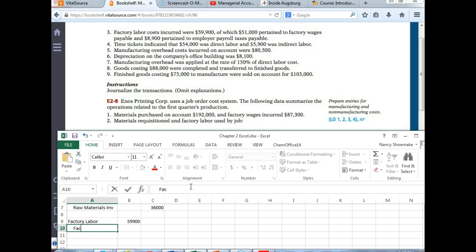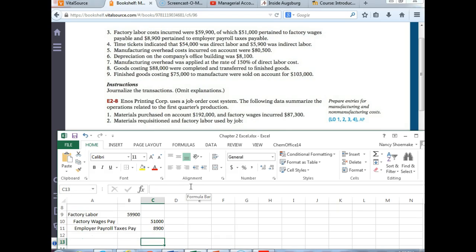And we've got factory wages payable of 51. And what's going to be the difference? Employer payroll taxes, or payroll taxes payable. Employer payroll taxes payable of the difference, which would be 8,900. Okay? Am I going too fast?